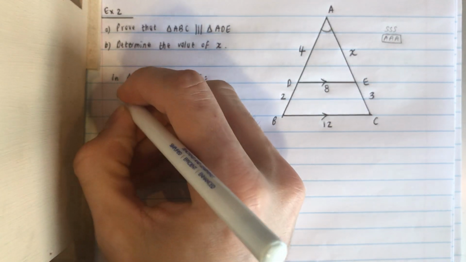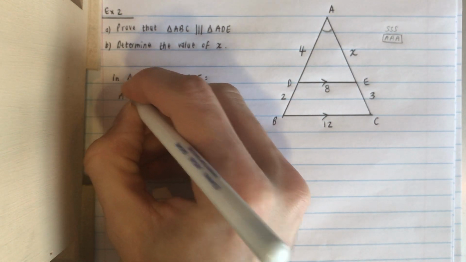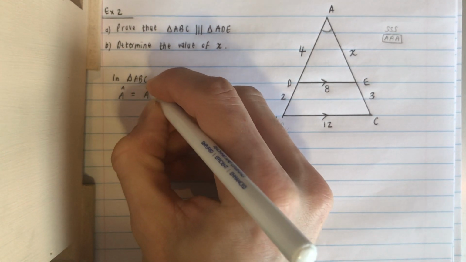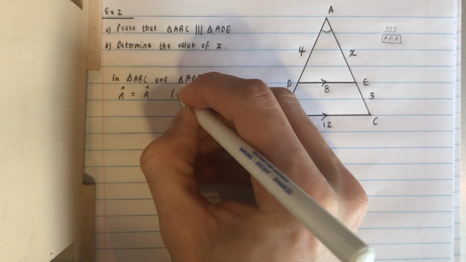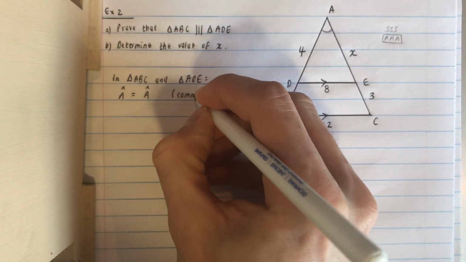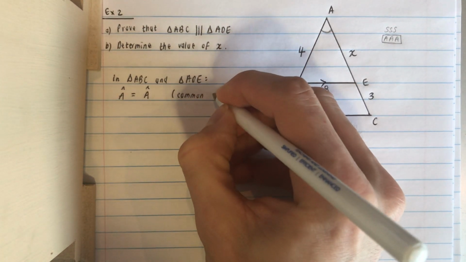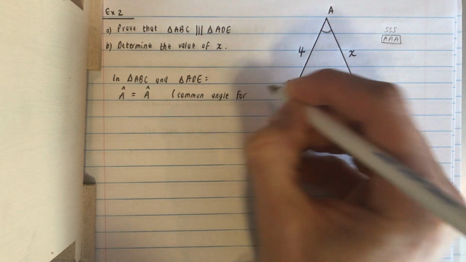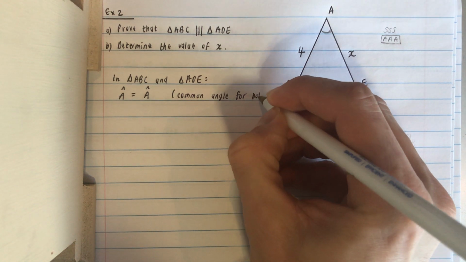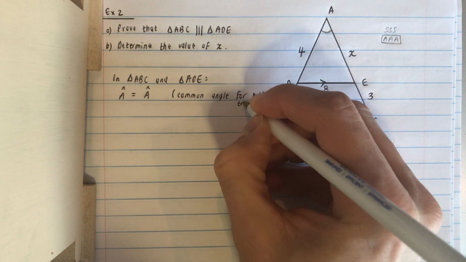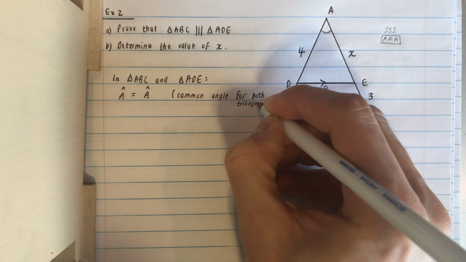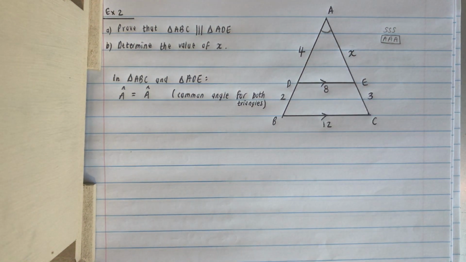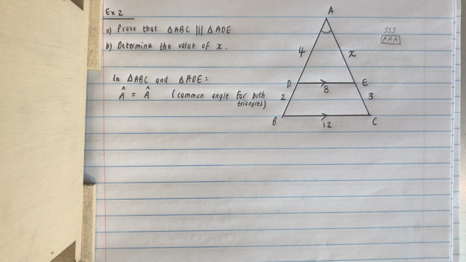So the way we're going to indicate this is just by saying angle A is equal to angle A, and we'll just say it's a common angle for both triangles. That's the first thing that we can say is the same.